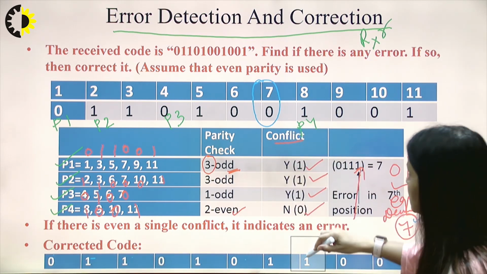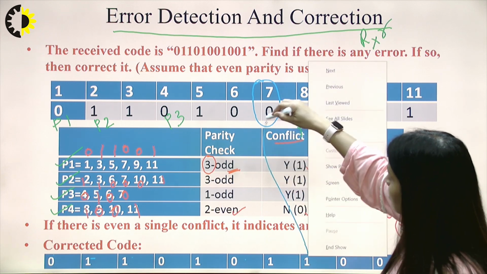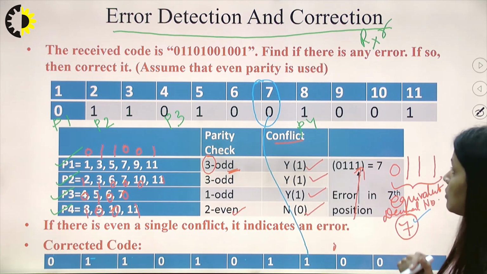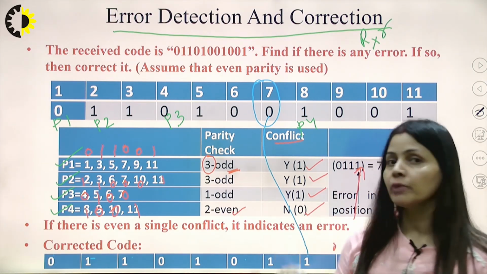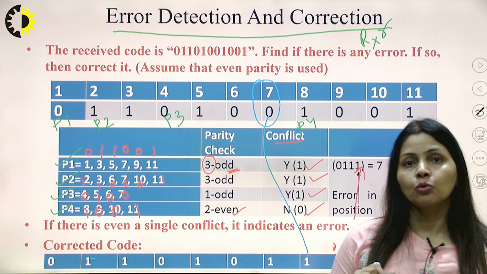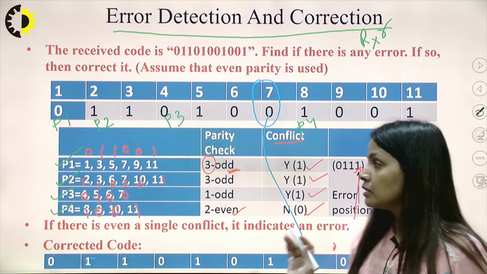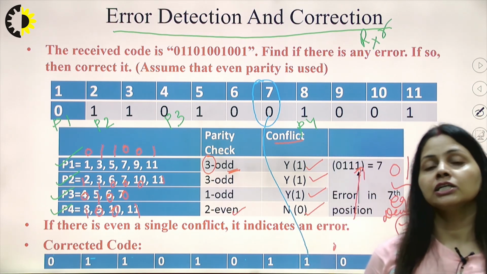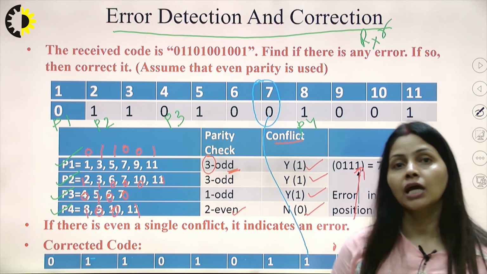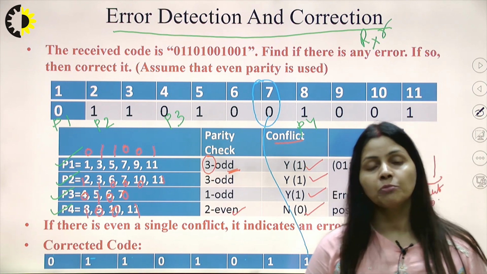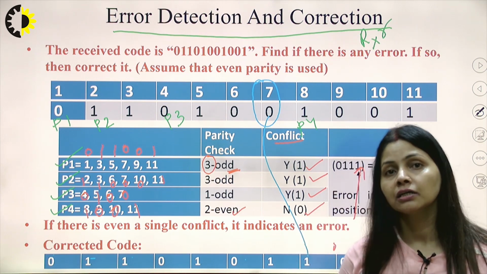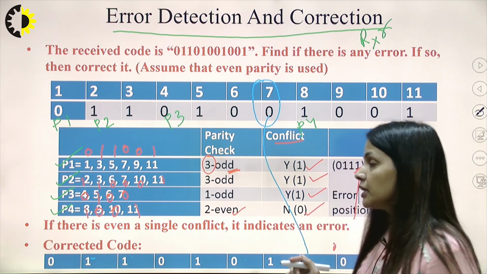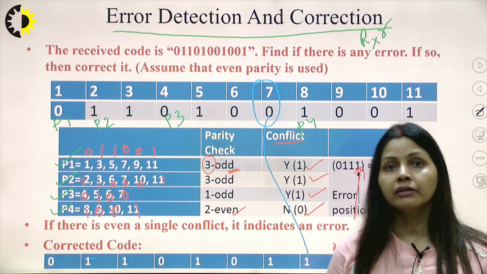Here instead of 0, it should be 1, and the receiver will automatically correct the code. So the single bit error detection can be done using the Hamming code, and this is the process of how, by addition of parity bits, we can detect and correct the error.